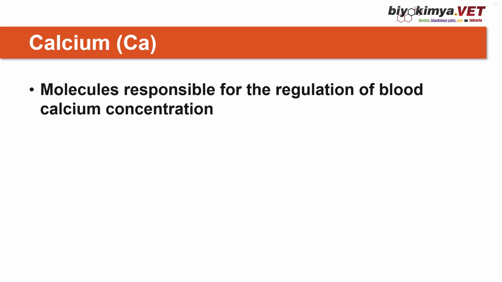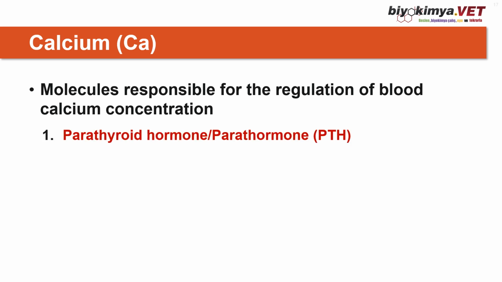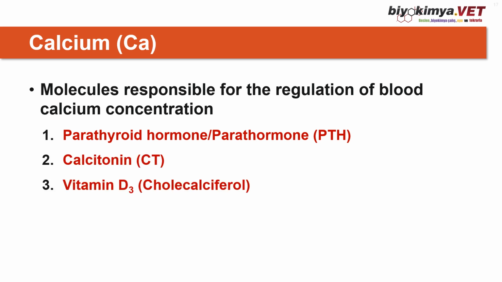There are some molecules responsible for the regulation of blood calcium concentration, or of calcium in the body. We have three important molecules: parathyroid hormone, calcitonin, and vitamin D3, cholecalciferol. Also there is vitamin D2, which is ergocalciferol, and they have the same physiological effect in the body.